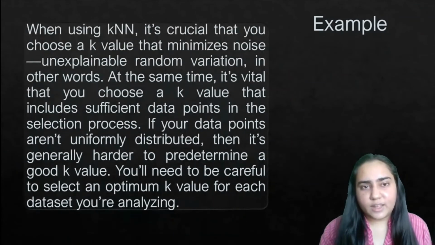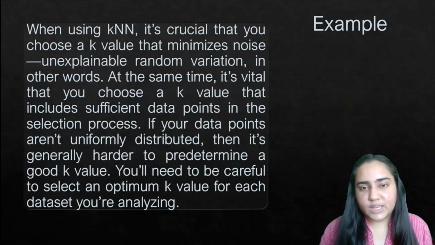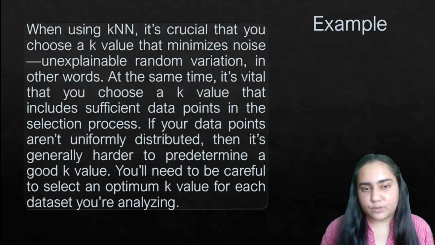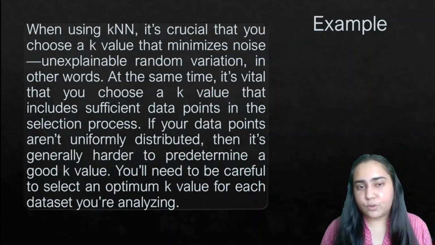When using kNN, it's crucial that you choose a k value that minimizes noise and unexplainable random variation. At the same time, it's vital that you choose a k value that includes sufficient data points in the selection process. Your k value should not be so large that it includes data points that are not close to your query point.